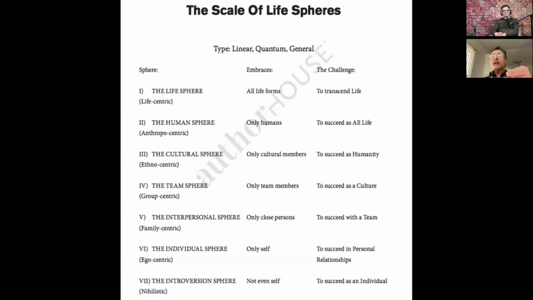So let's go from 3 up to 2, the human sphere. I call this anthropocentric. This person can embrace humans, all humans, but only humans. See, this person, he doesn't care about the flora and the fauna. They're not humans. So this is what we generally think of as a good citizen.